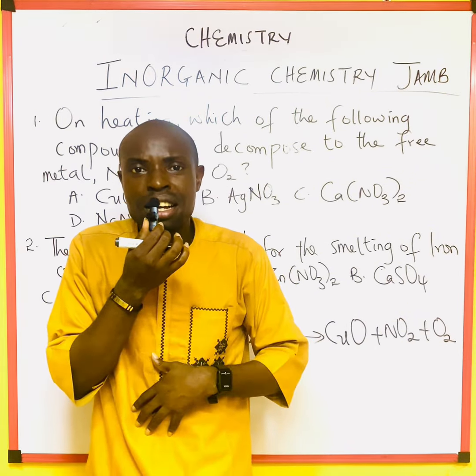Calcium nitrate here is calcium oxide, the oxide of the element, plus NO2 plus O2. Is that clear now? Then lastly is sodium nitrate. When sodium nitrate is decomposed, it will give me sodium nitrite plus O2.